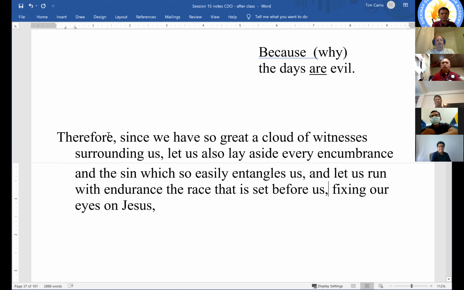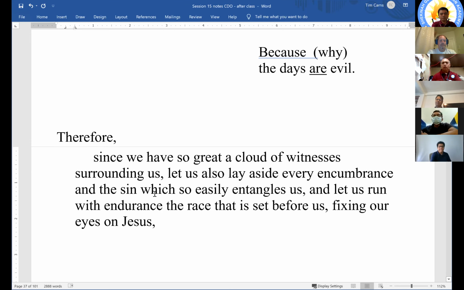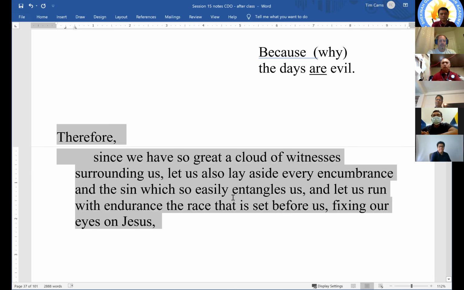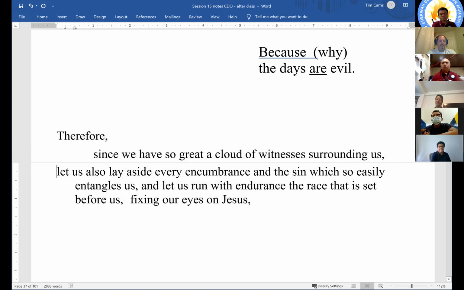All right, so we have therefore, and then we have this, since we have so great a cloud of witnesses surrounding us. Let me break this down a little bit, and then I'll explain it. The main sentence appears to be, let us lay aside every encumbrance.